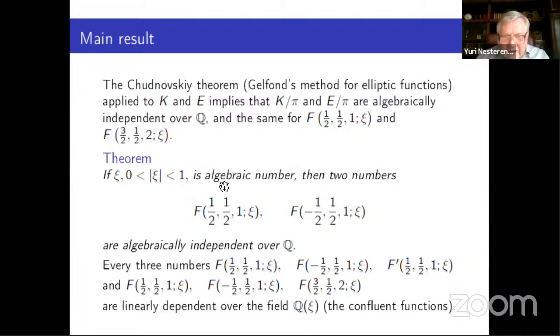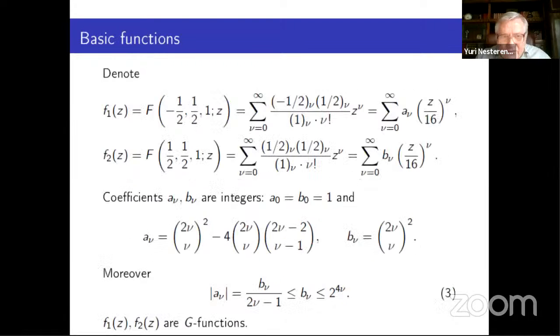We assume that psi is an algebraic number. It is easy to express this number by this one from these linear equations, and finally derive the algebraic independence of these two values of different hypergeometric functions.